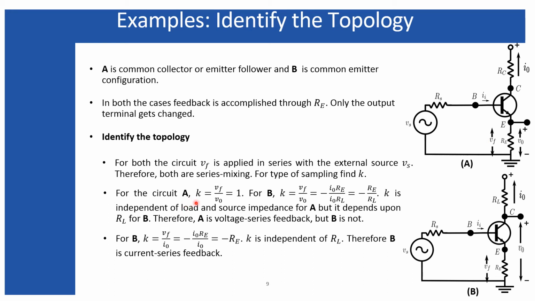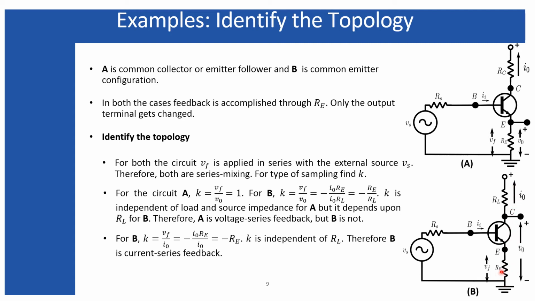Now for circuit A, K is defined as Vf divided by V naught. Vf and V naught are both taken across the same resistance Re, so the ratio will be equal to 1. Now for circuit B, Vf is the voltage taken across the Re, and this is the direction of the output current.